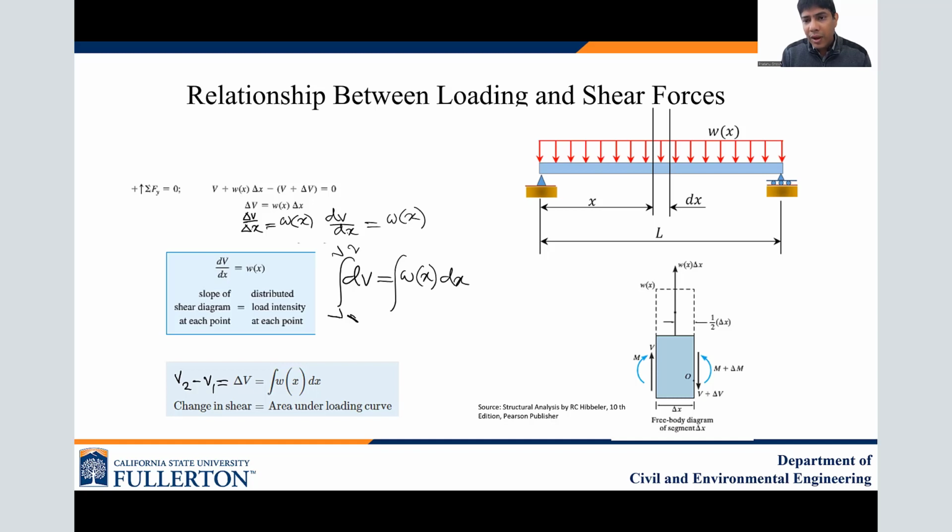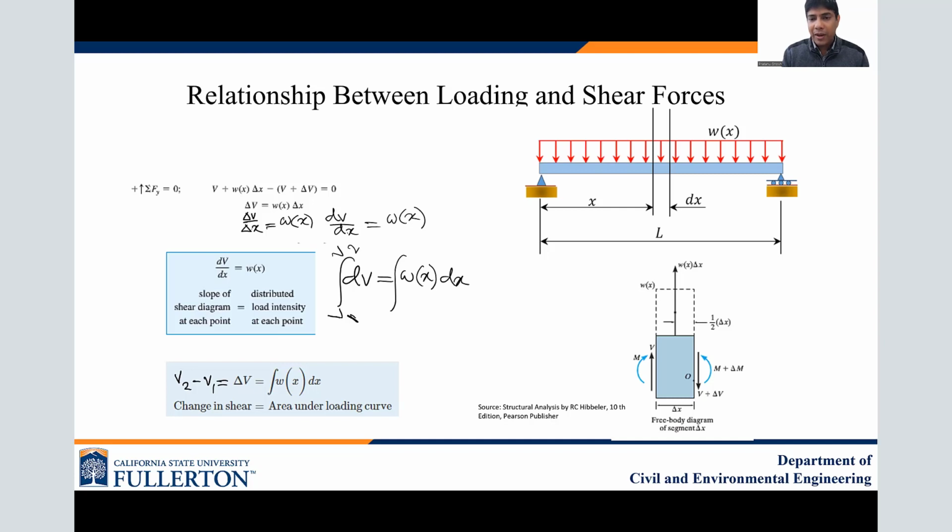If we focus clearly below on that small element, we have length delta x to draw the free body diagram. We have shear force V from the left side upward, as the sign convention follows. From the right side, it is V plus delta V, as the incremental shear is happening due to the incremental length.